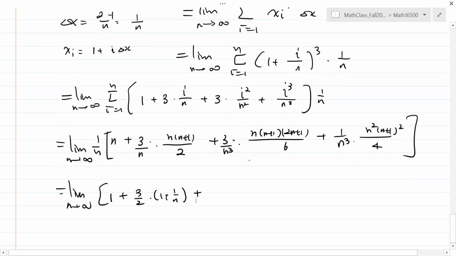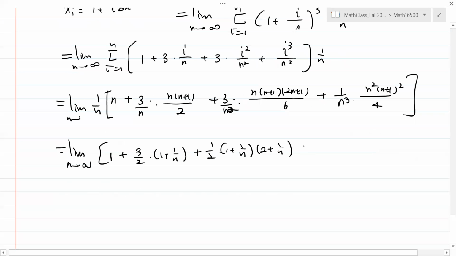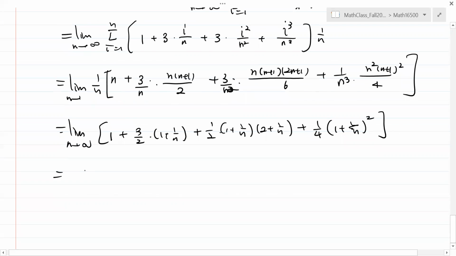And here 3 over 6 is 1/2, times 1 plus 1 over n times 2 plus 1 over n, then I got a quarter. Finally, as n approaches infinity, you get 1 plus 3 over 2 plus 1/2 times 2 plus 1/4.